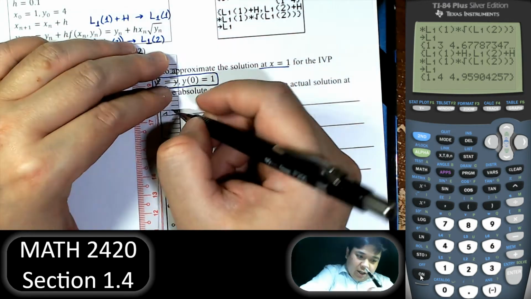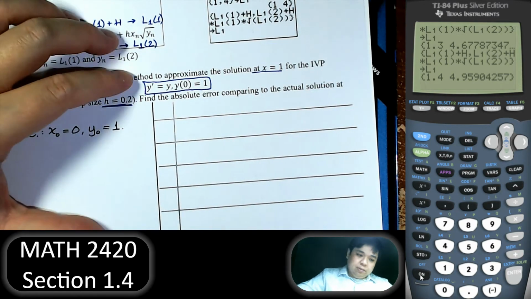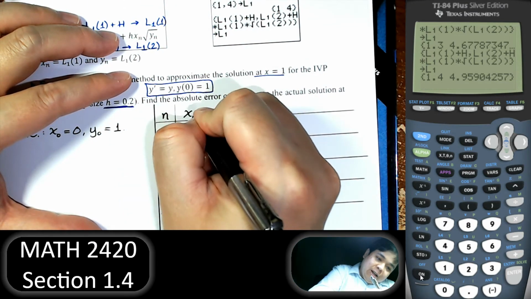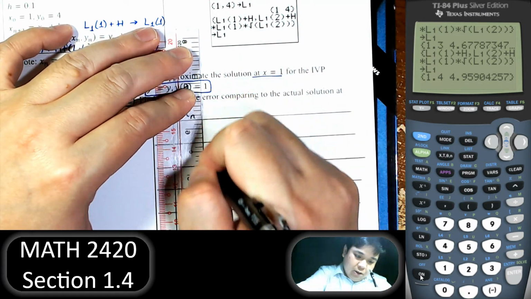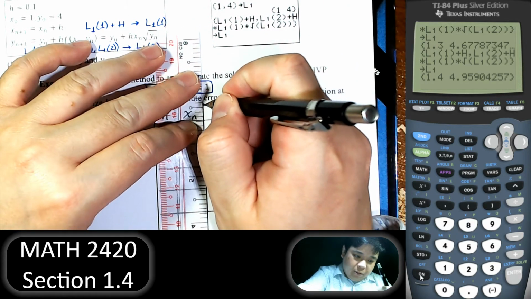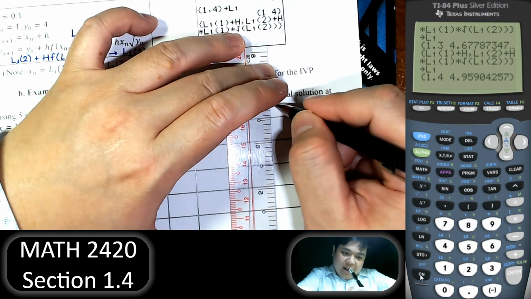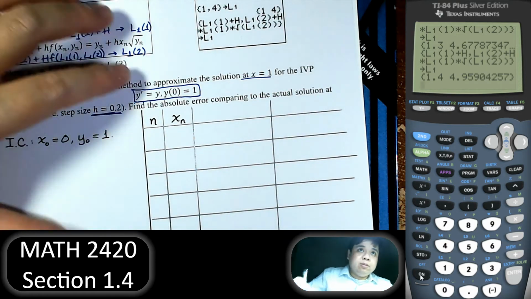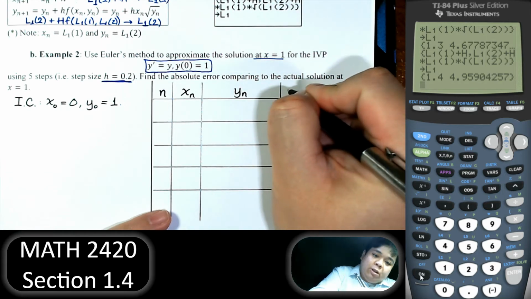Right, first we have n, the index, and then x sub n, and then y sub n, and then the slope.